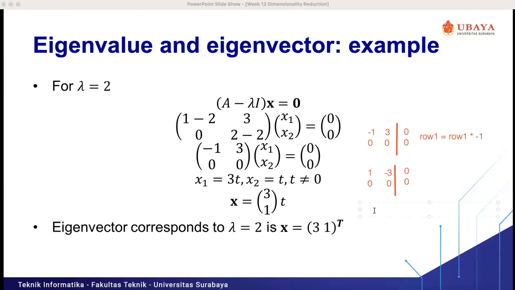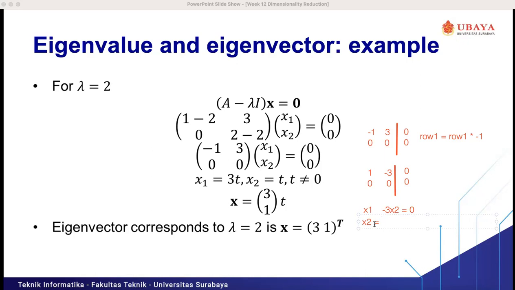So the solution will be like this: x1 minus 3 x2 will be zeros, right? If we say that x2 equal t, because like I was mentioning before, this is not a good example for calculating the eigenvalue and eigenvectors, because we don't have any solution, right?